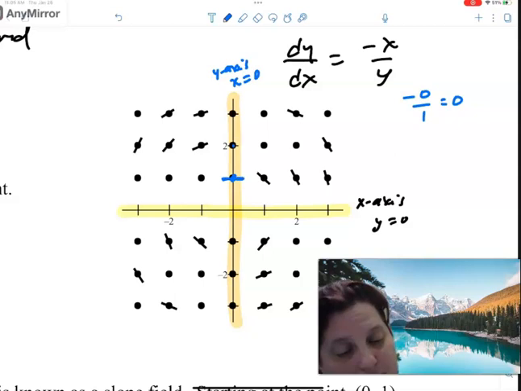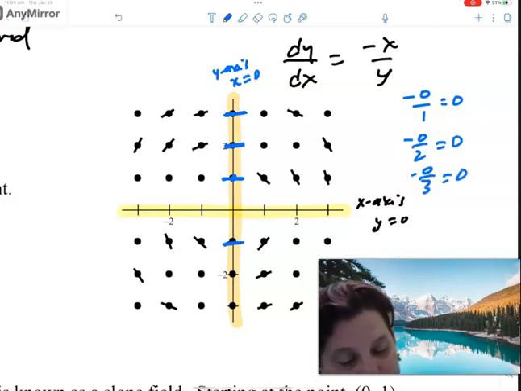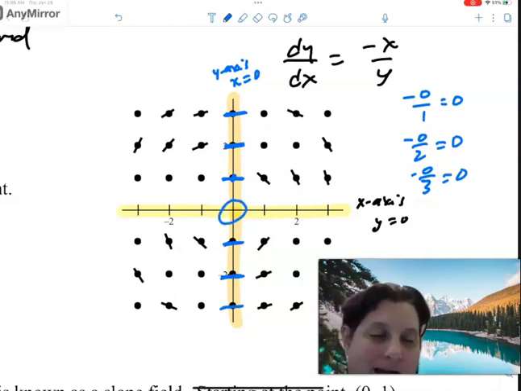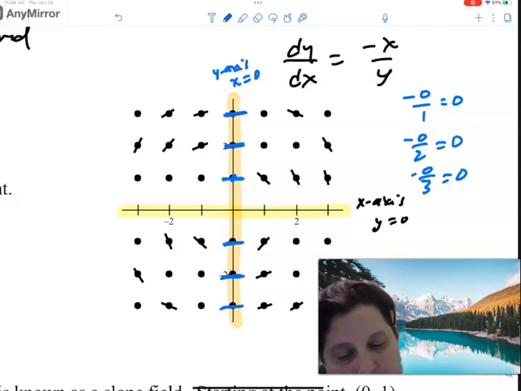The point (0, 2), the slope would be 0. What about the point (0, 3)? The slope would be 0. In fact, the slope of anything on the axis would be 0, except for the origin, which can't be because it's 0 over 0, so we don't have that one.